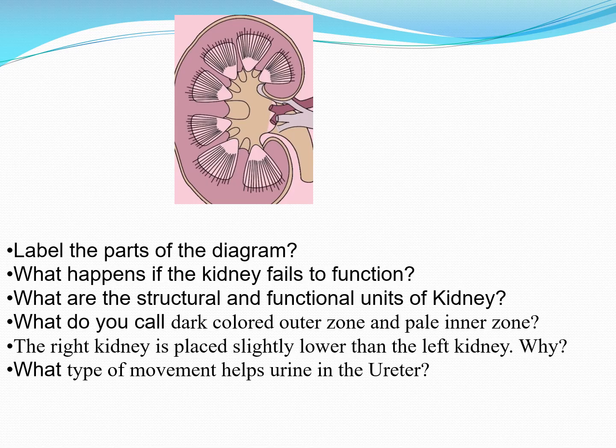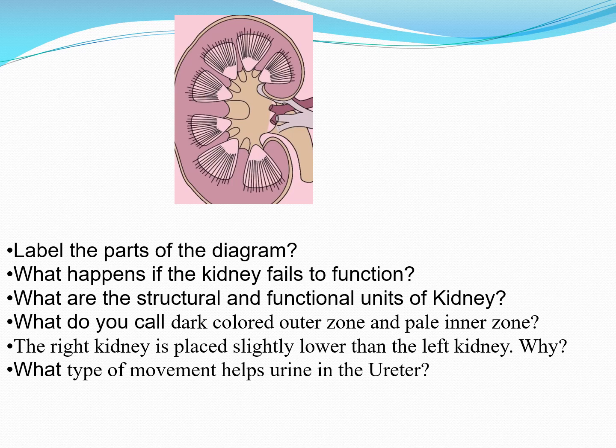Pyramids, a longitudinal section of kidney shows 9 to 12 inverted pyramids. And of course, hilum, the inside folding of the kidney. So here we are labeling cortex, medulla, renal artery, renal vein, ureter, pyramids and hilum.